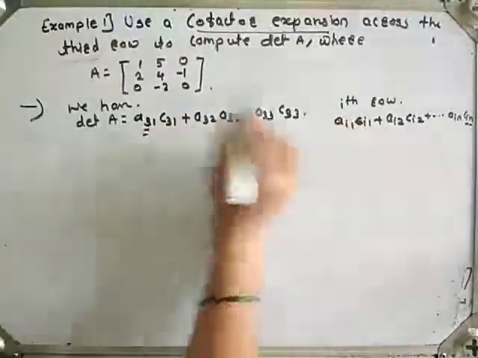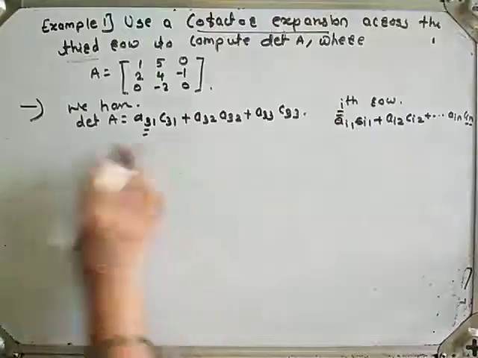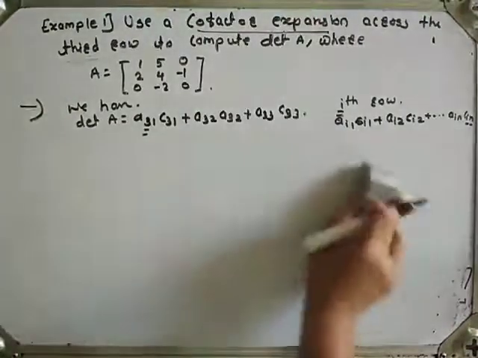Just put i equals 3, and we get cofactor expansion across the third row.